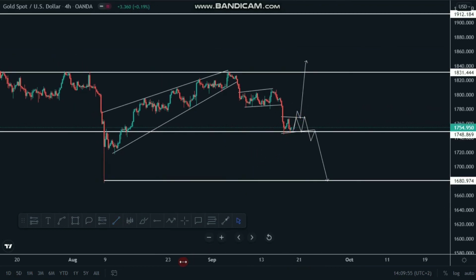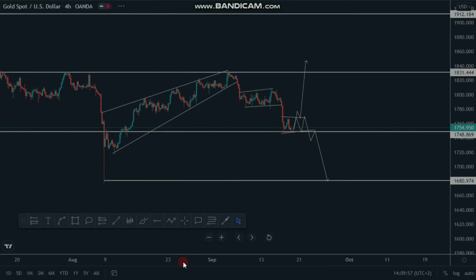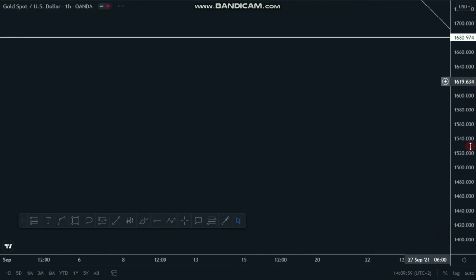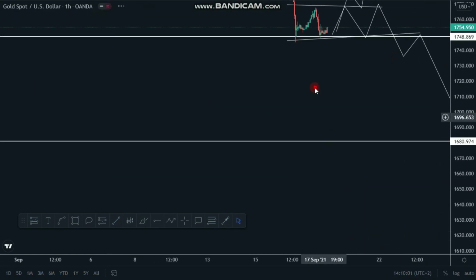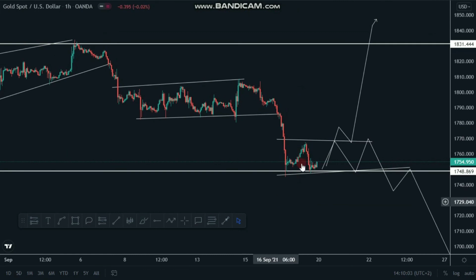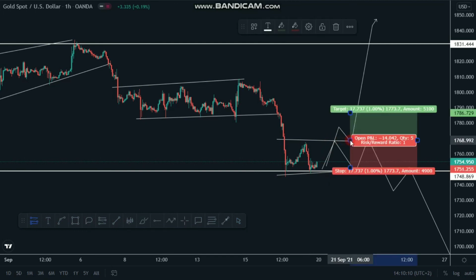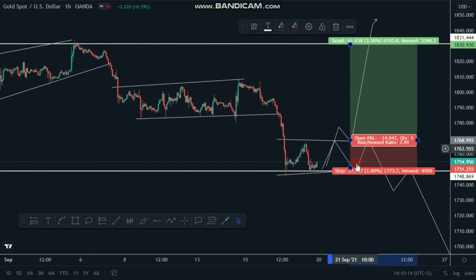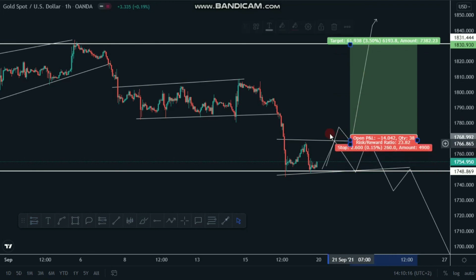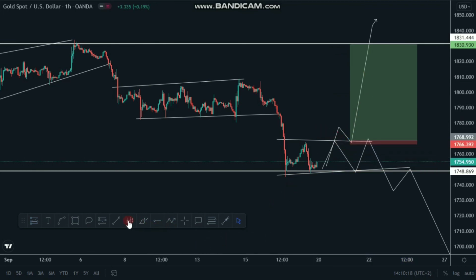But overall, we're going to go to the 1 hour time frame to see if we can get our market direction. So here we'll be monitoring: if the price breaks this level and retests it, we're going to get our buying opportunities right here and push to the top side like this. But if the price fails to break and consolidates to the downside, we're going to wait for it to break to the downside.